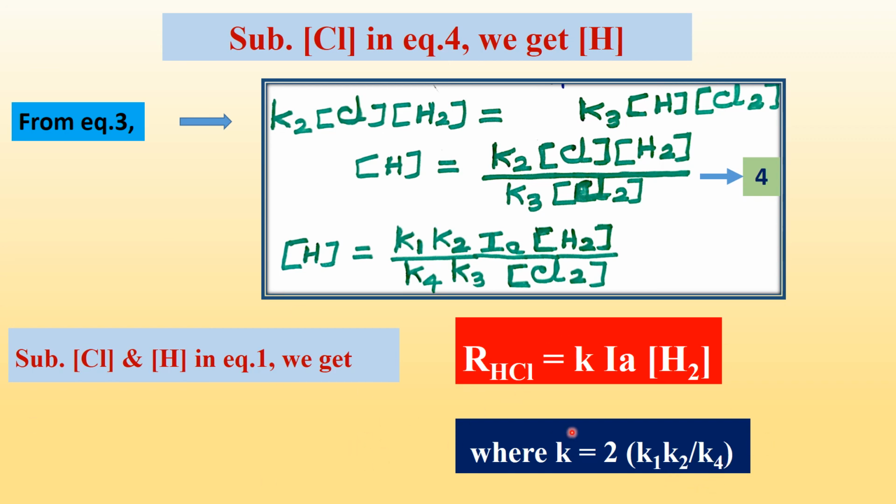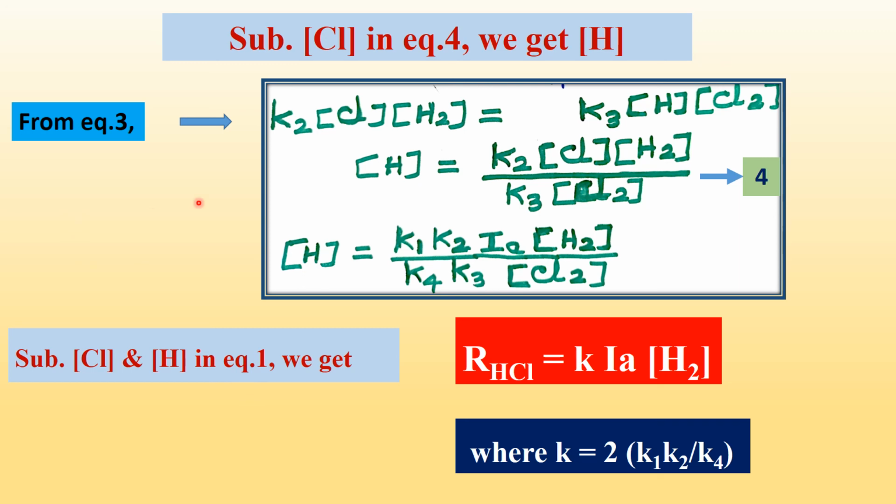Therefore, the rate of formation of HCl is directly proportional to the intensity of light absorbed, and the rate of reaction is also first order with respect to hydrogen gas concentration. So we have derived the rate law for the formation of HCl using the mechanism.